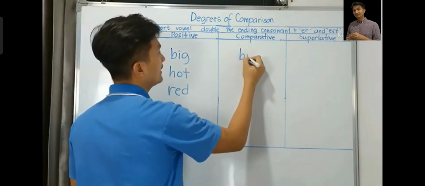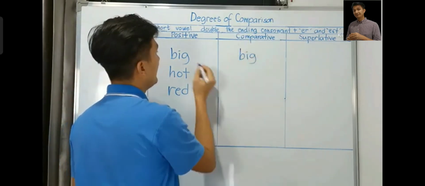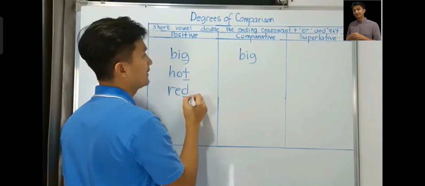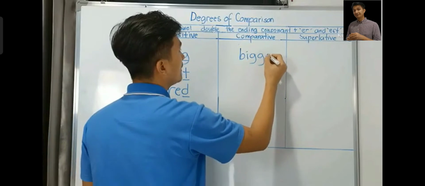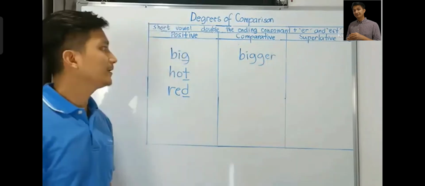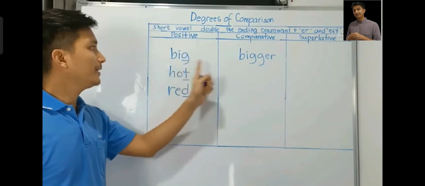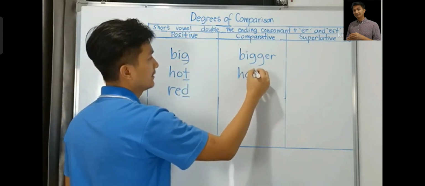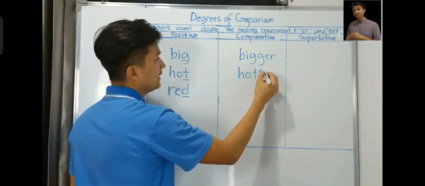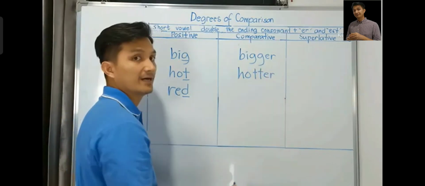So what we're going to do is double the ending consonant. So big, ending consonant, right? So double it and add ER. So it will become bigger. Big, bigger. How about hot? Double T and ER.